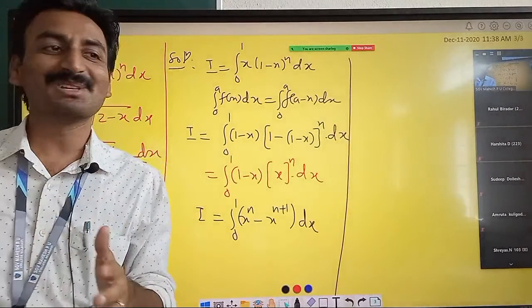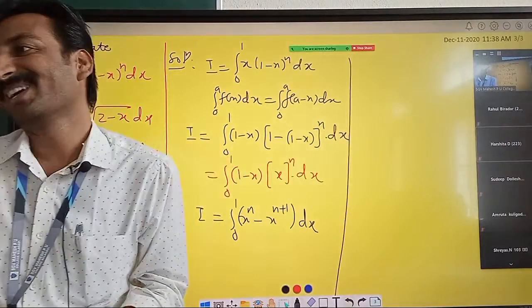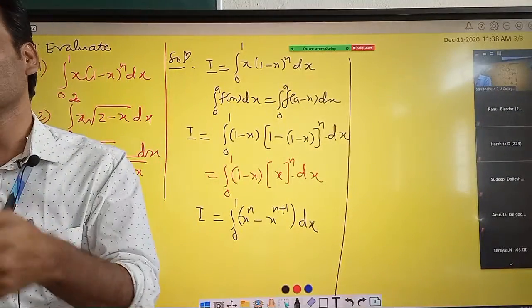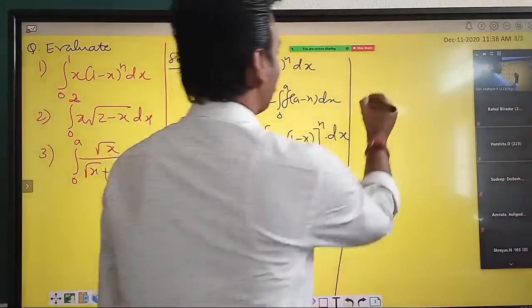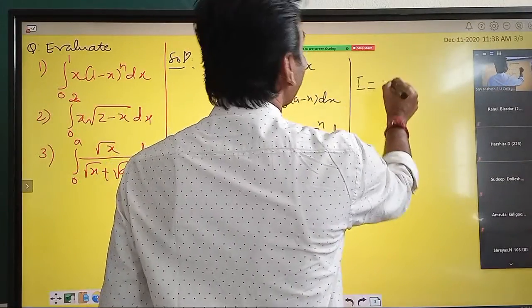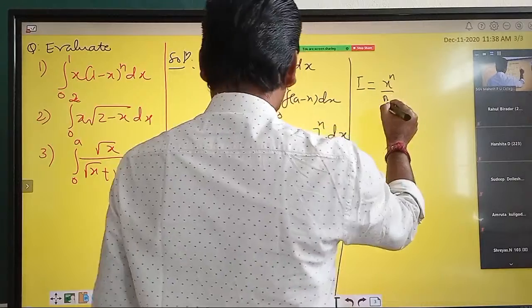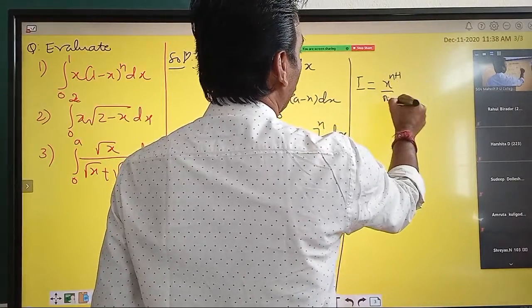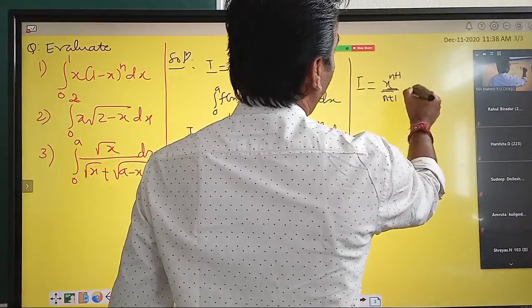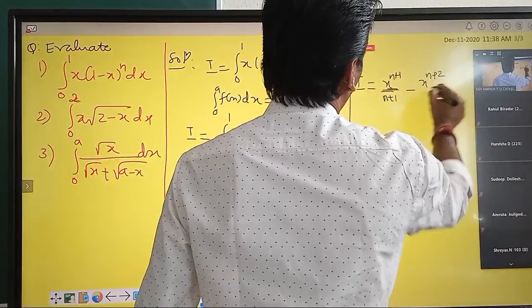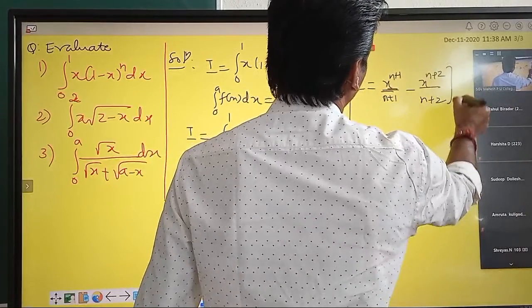Integrating x raised to n plus 1 gives n plus 2 in the denominator. One number increases, so divide by the same number. This is I equal to x raised to n plus 1 divided by n plus 1 minus x raised to n plus 2 divided by n plus 2, from 0 to 1.